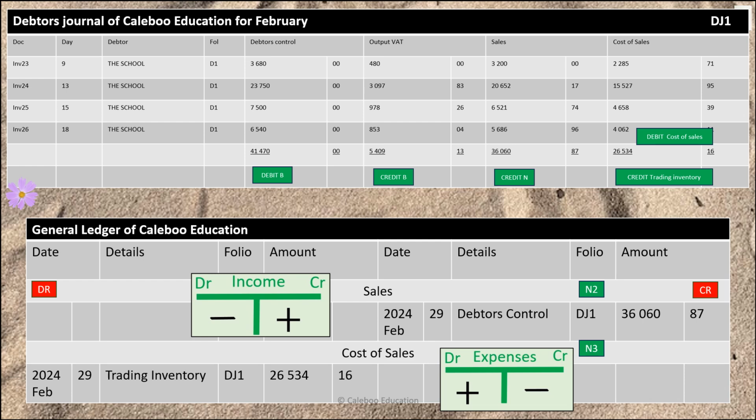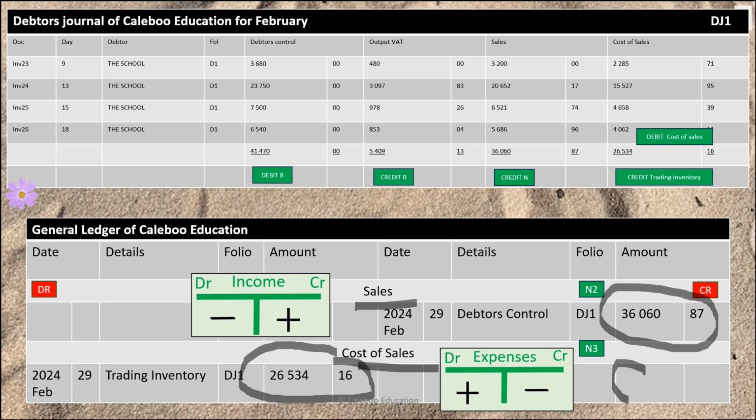But what is amazing is here, after we've taken this information to the general ledger, just for February, I can say sales minus cost of sales will give me the gross profit for February. Very interesting. Later on, once we've drawn up a trial balance in later lessons and a couple of statements, I will do some analysis and interpretation of a sole proprietor, and then we can see how the business has fared. Very interesting.